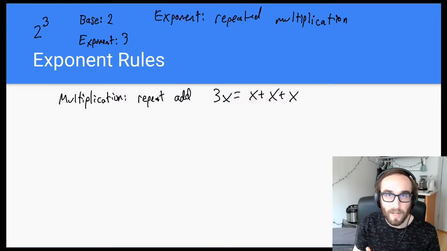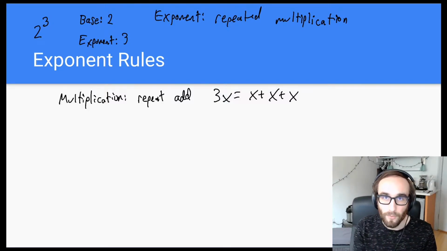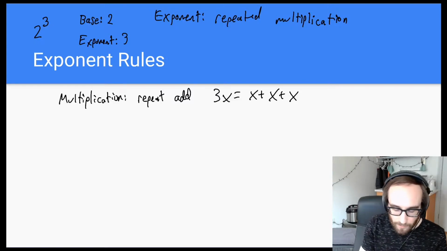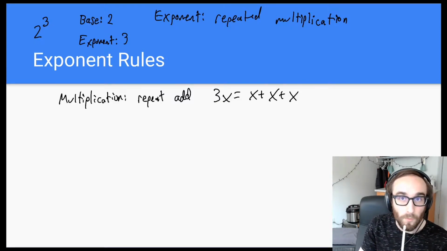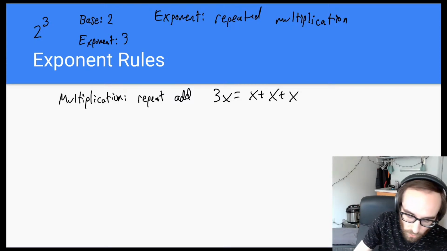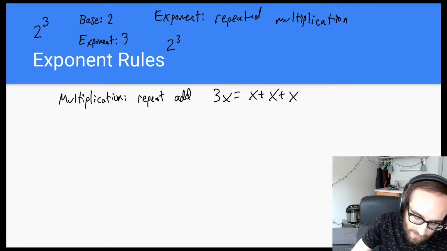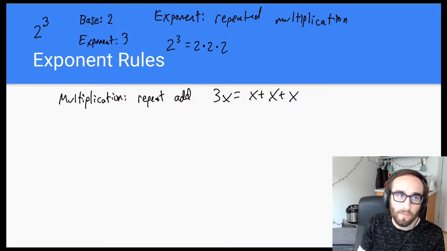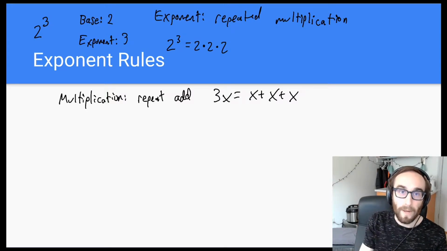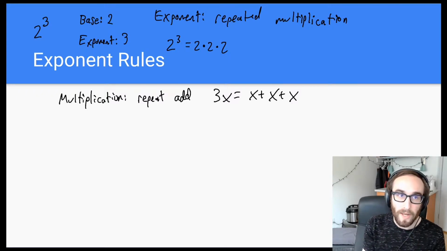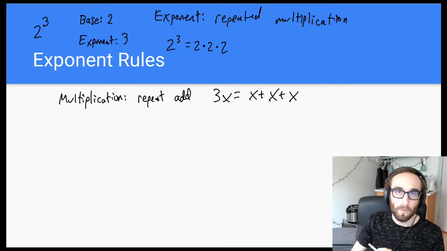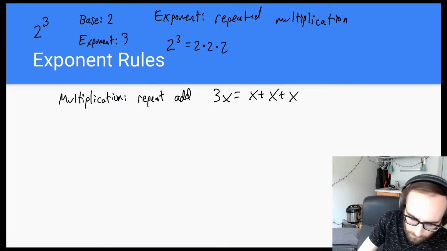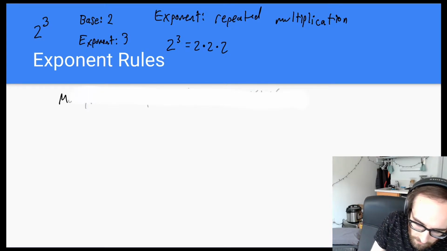We're adding x 3 times. Exponents are similar, except we're repeating multiplication. So 2 to the third power is the same thing as 2 times 2 times 2. We're repeating multiplication of the base, 2, the exponent number of times, so 3 times. This is what we mean when we talk about exponents.